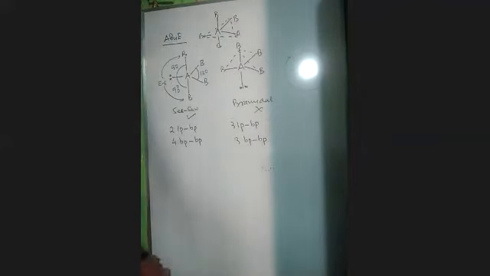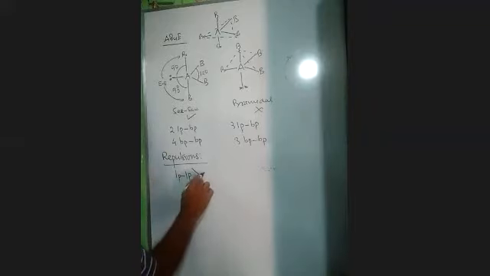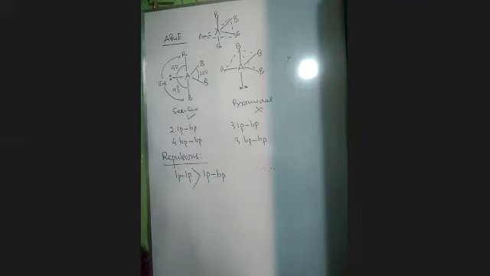Okay, now repulsions. Otherwise, you will be by hearting. You should not by heart. What are the repulsions? You find here lone pair repulsion is strongest. Then after that comes lone pair-bond pair repulsion.